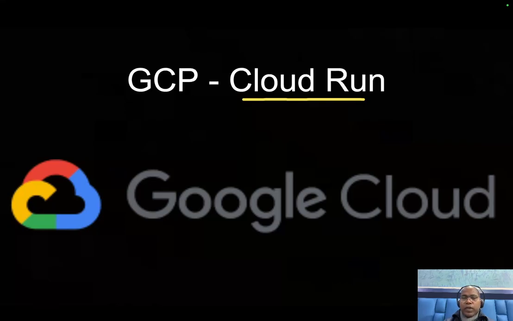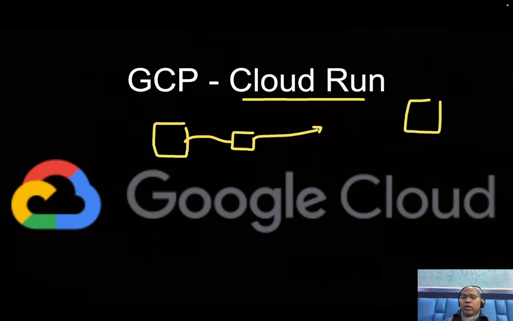If we have any application, generally we run it as a containerized application so that we can deploy it manually. You can create one virtual machine and deploy your application using Docker.